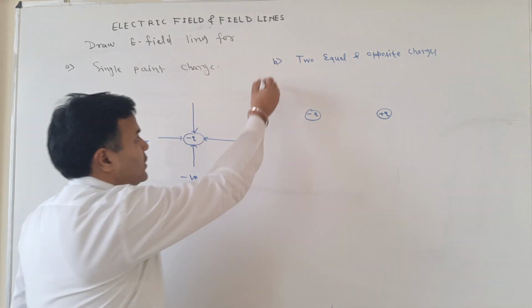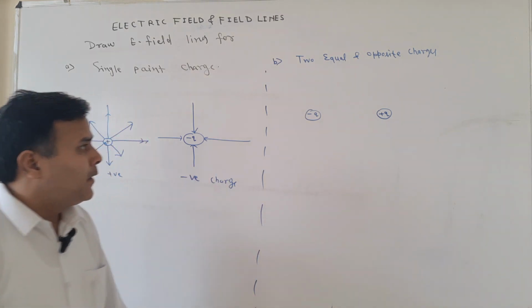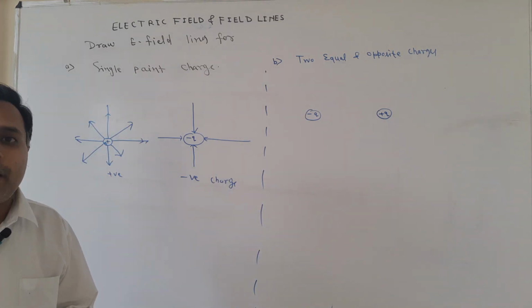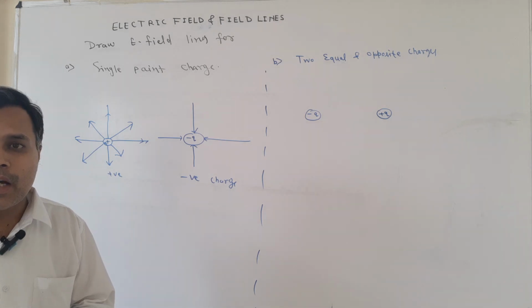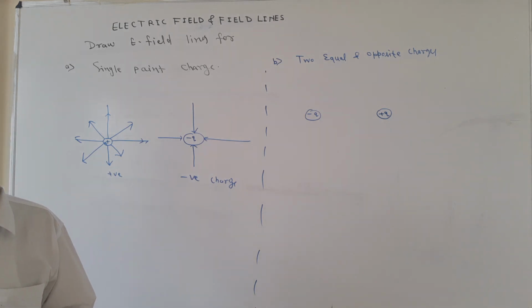Now what happens in this case? We know the property of electric field lines that they originate from the positive charge and terminate at negative charge.